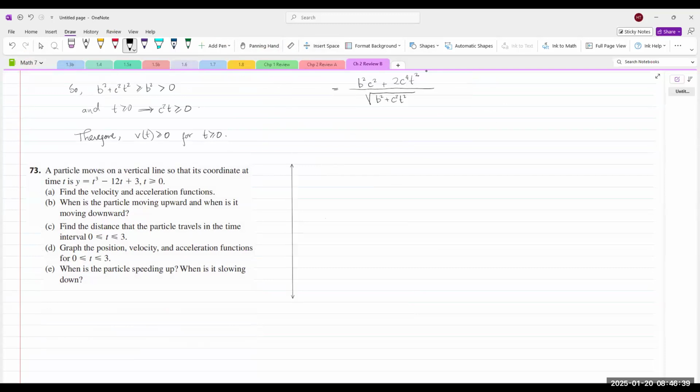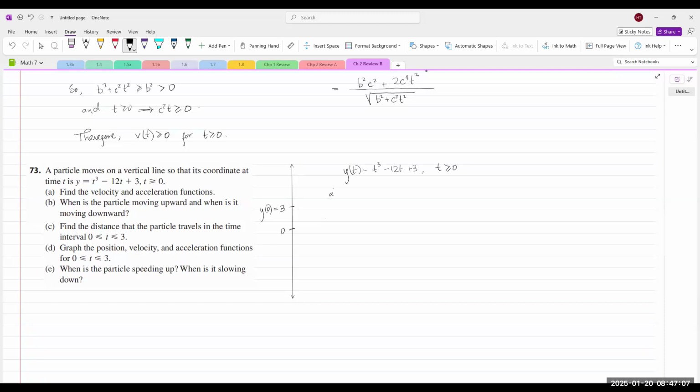So that its coordinate at time t, so y as a function of t, is t cubed minus 12t plus 3 for t non-negative. So actually from there we see the y at time 0 is 3. Okay, so find the velocity and acceleration function.